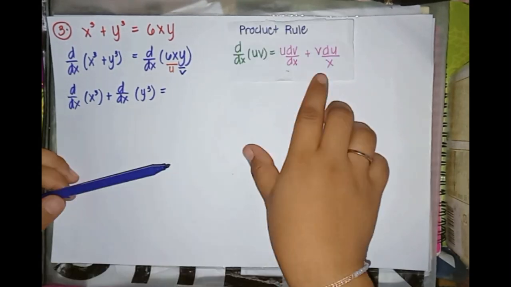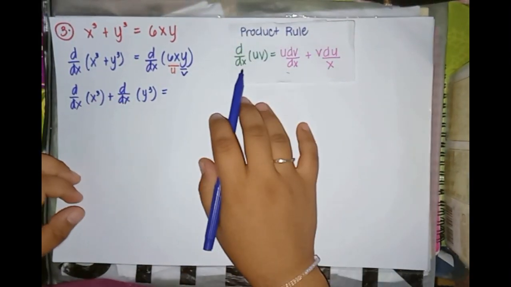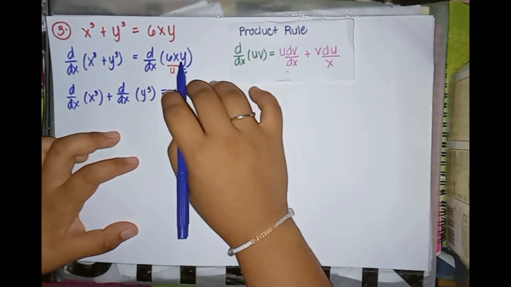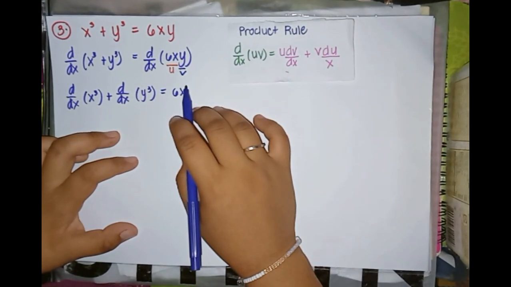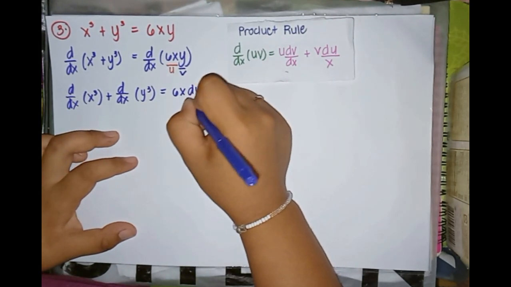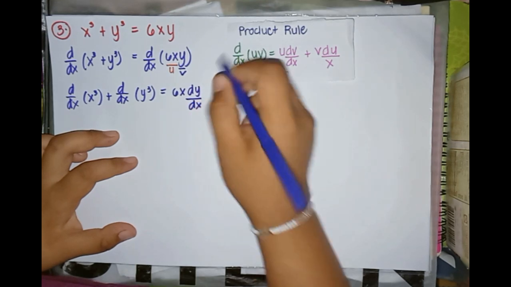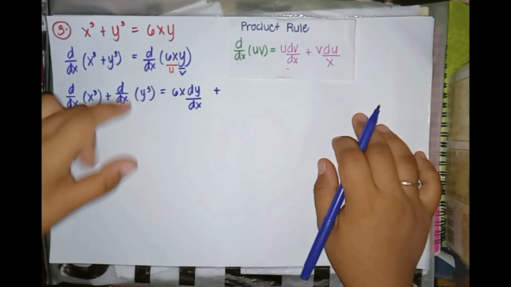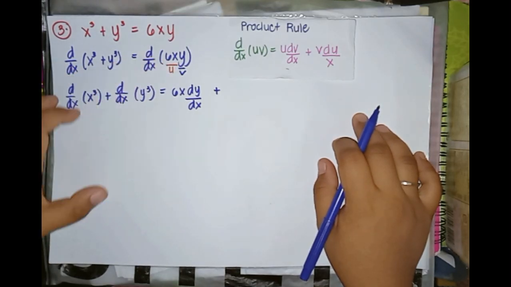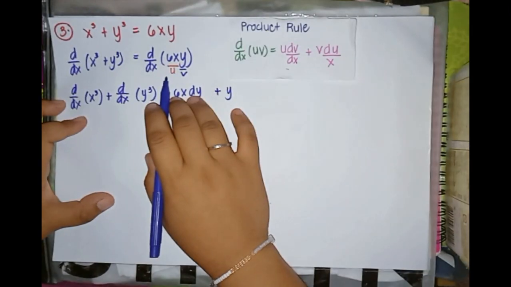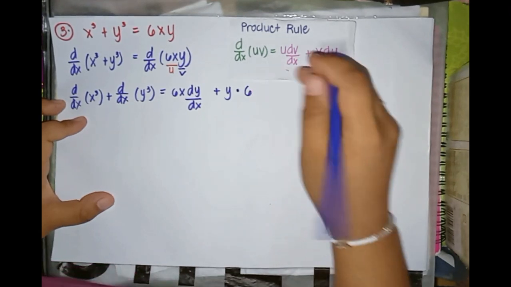Using the product rule, we have 6x multiplied by the derivative of v. The derivative of y is just dy over dx, since we are differentiating y with respect to x, plus our v right here is y, so that would be plus y times the derivative of 6x. Now we know that the derivative of 6x is just 6.